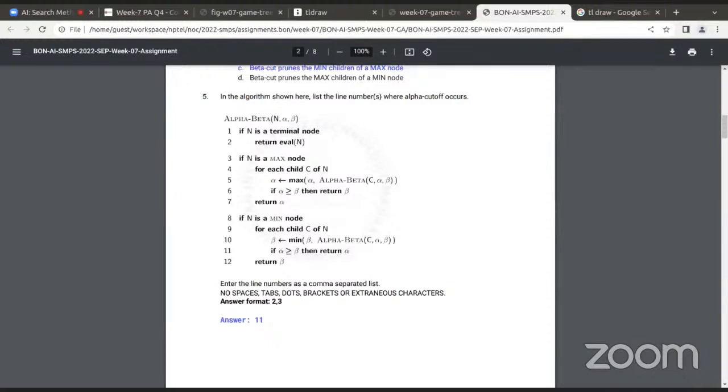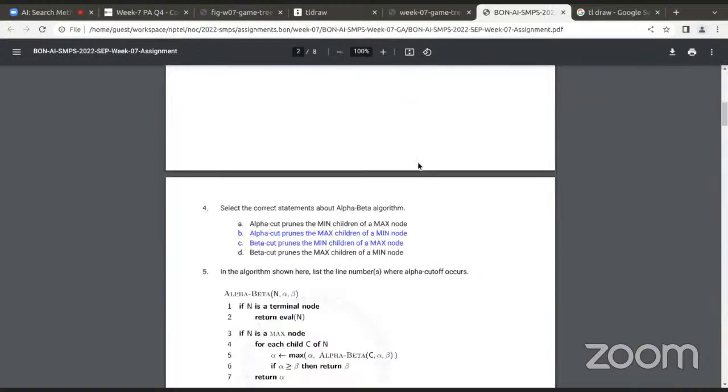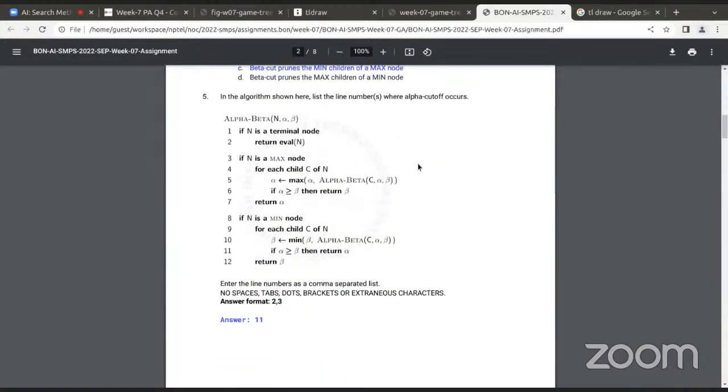F1, 2, 3, 4, 5. Okay, this is 5. It's not working for me. There's a light in the keypad, and I'm not able to turn it on. I'm not able to clearly see the keys. How do I take a screenshot?